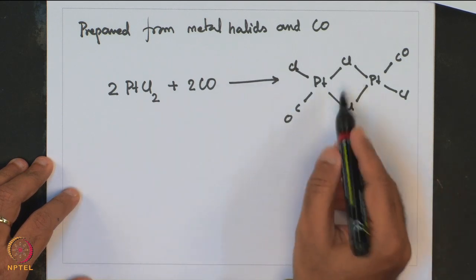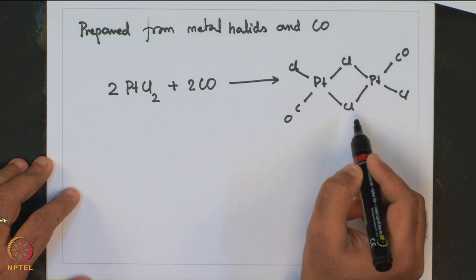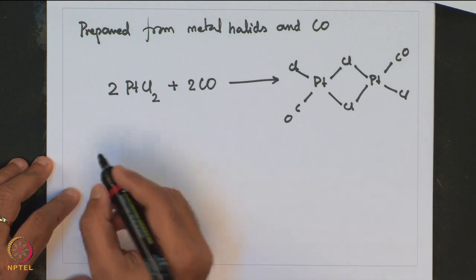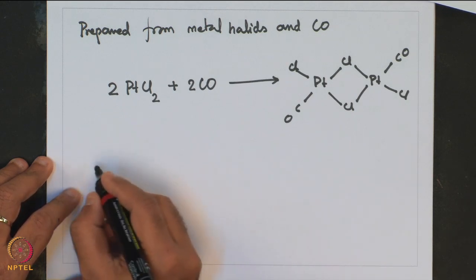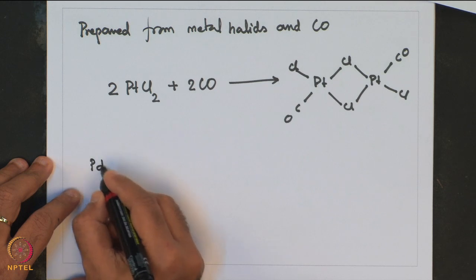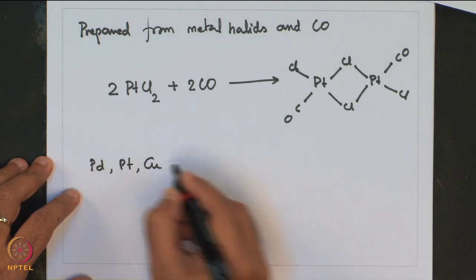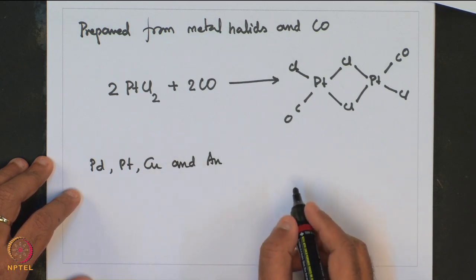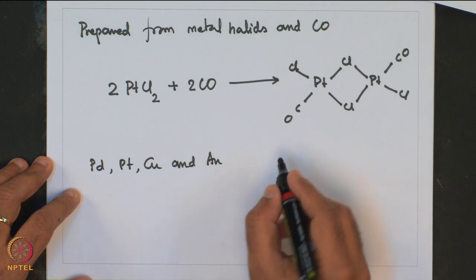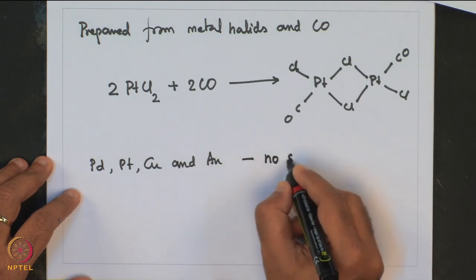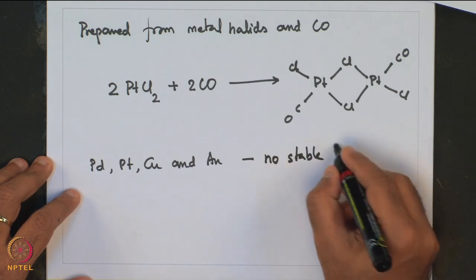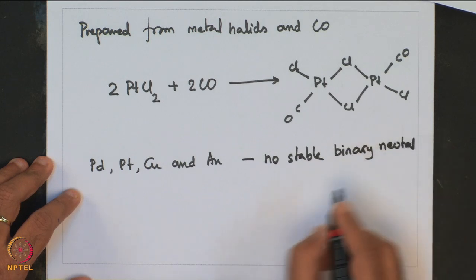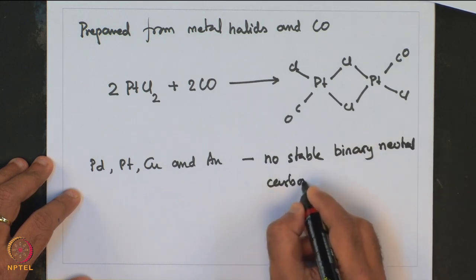And these platinum compounds contain 2 chloro bridges, 2 carbonyls and 2 terminal chloride atoms. It must be noted that for several late transition metals like palladium, platinum, copper and gold, no stable binary neutral carbonyl complexes are known.